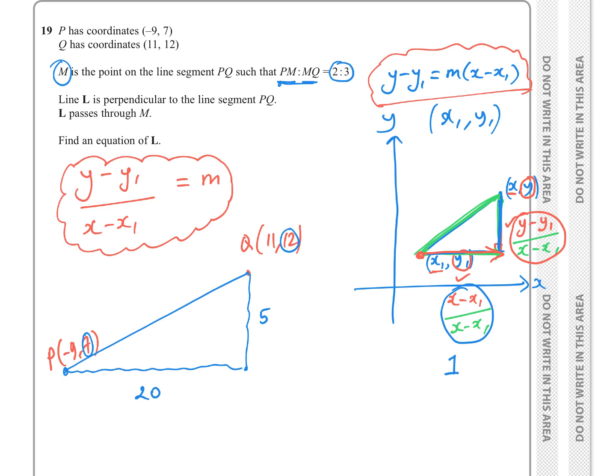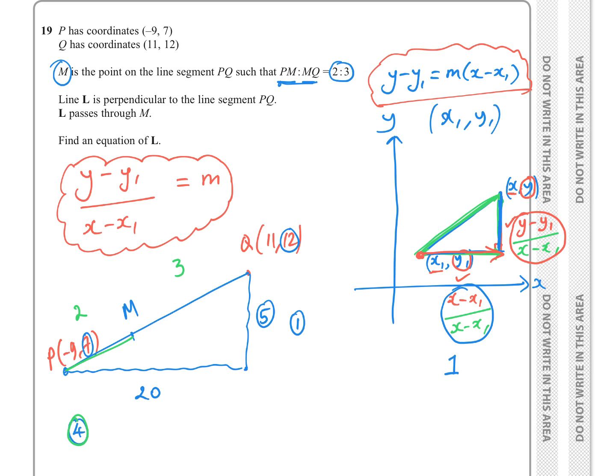If I divide the 20 by 5, I get 4 for each part, and if I divide the 5 by 5, I get 1 for each part. Now it says here that M would split the line PQ into a ratio 2 to 3, that 2 and 3 adding up to the 5 parts, which is the whole distance from P to Q. So from P to M, that's got to be 2 of those 5 parts, i.e. 2 fifths.